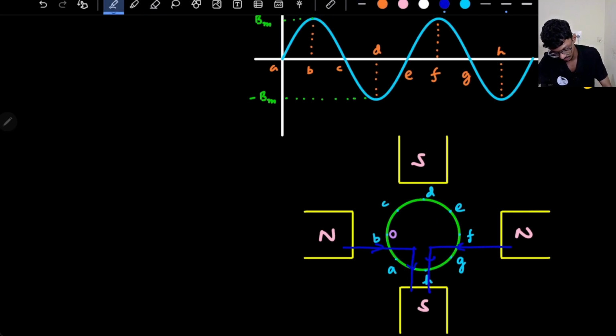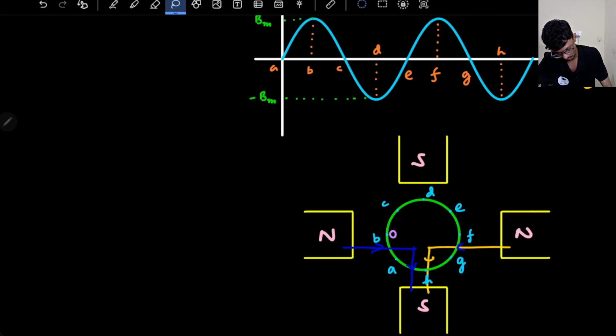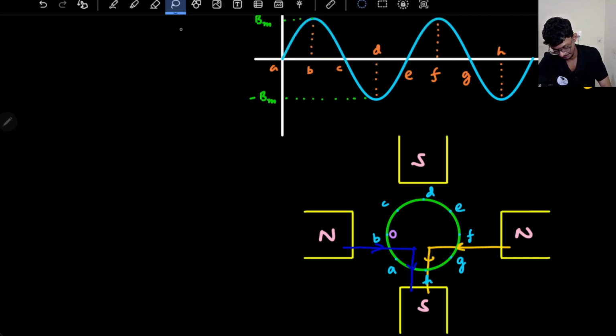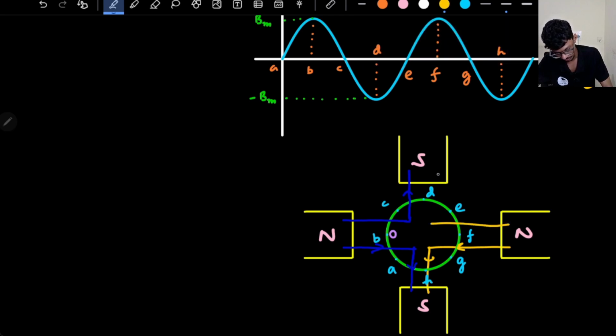And the same here as well, the north pole magnetic field will come here and go here.